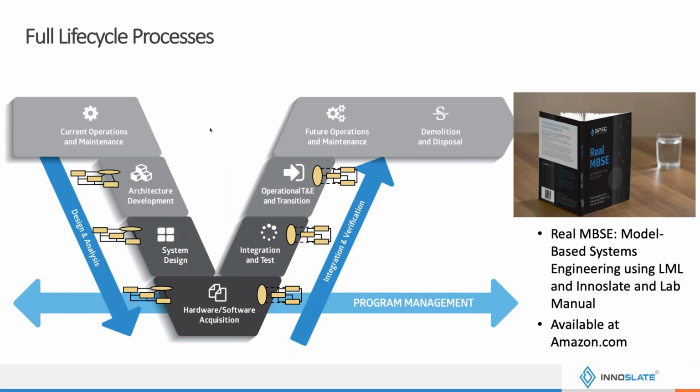So processes. We have, again, a number of processes. If you notice the one coming down on the left, it looks a lot like MIL Standard 499B. Gee, I wonder why, because it is. It's the same process. Coming up the V is a little bit different one we came up with to try to show what you do in the V and V stages of things. And so again, our 499B process is a little different than what their intent was.